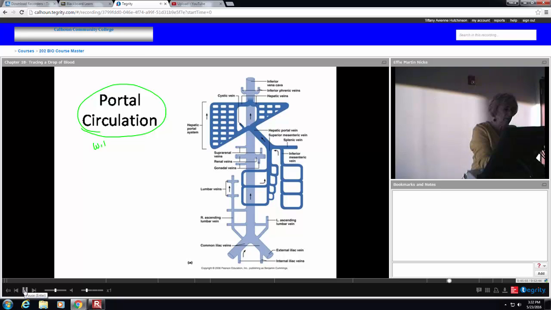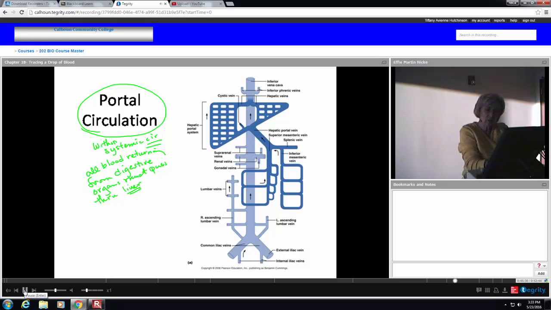Basically, all blood returning from digestive organs must pass through the liver, so that whatever's been absorbed by any of your digestive organs can be processed before dumping back into the inferior vena cava. So it must pass through the liver first for processing.